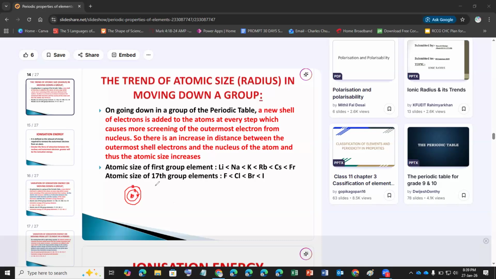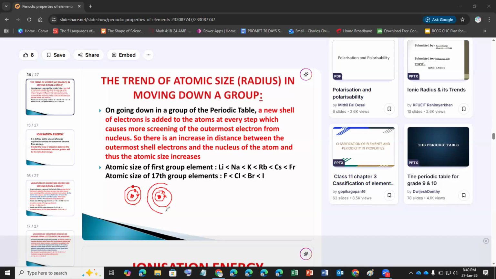Now, sodium is 11, so in the shell that's directly around the nucleus there are 2, plus 8, plus 1.